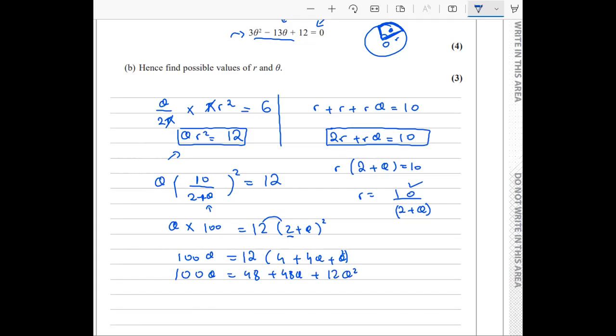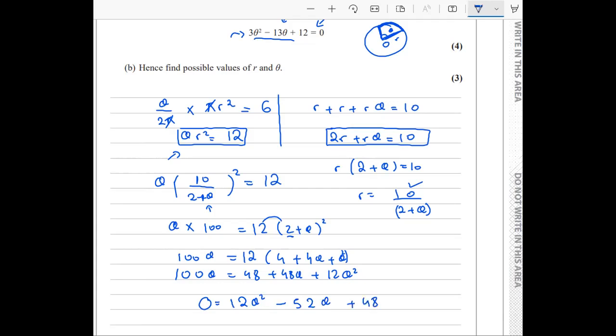Okay, now I can just do it this way. 0 equals 12 theta square plus 48 theta minus 100 theta, which will give us minus 52 theta, plus 48.